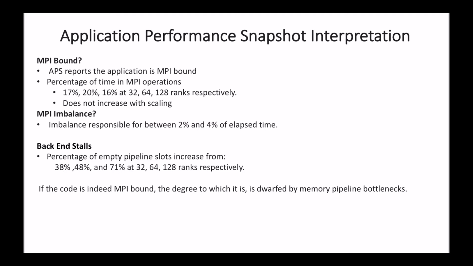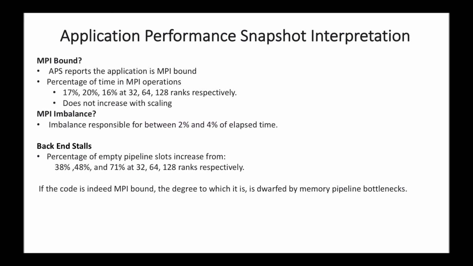However, because it doesn't increase with scaling, it's probably not the source of our scaling bottleneck. Is it imbalanced? Well, the report says that imbalance is responsible for between 2 and 4% of the elapsed time for all three rank levels. So I'm not convinced that MPI is the issue here.